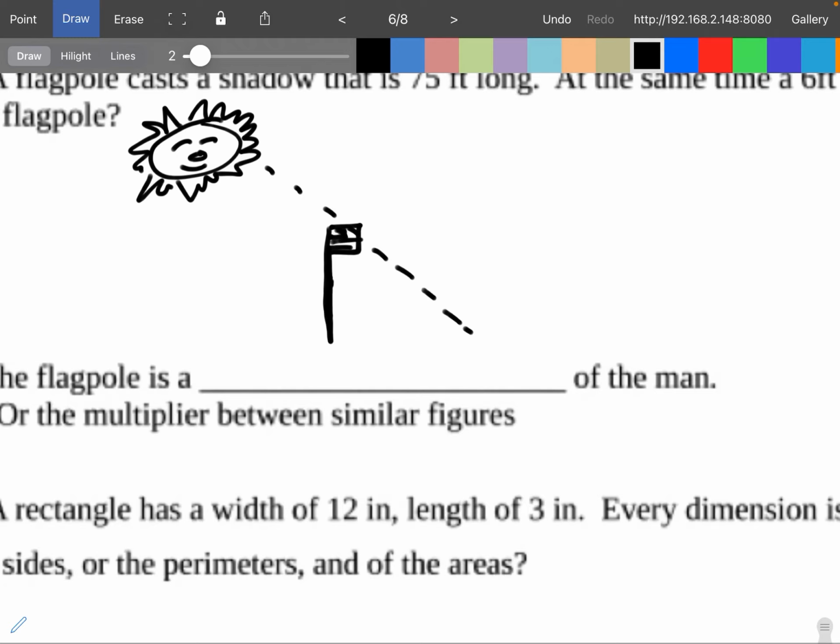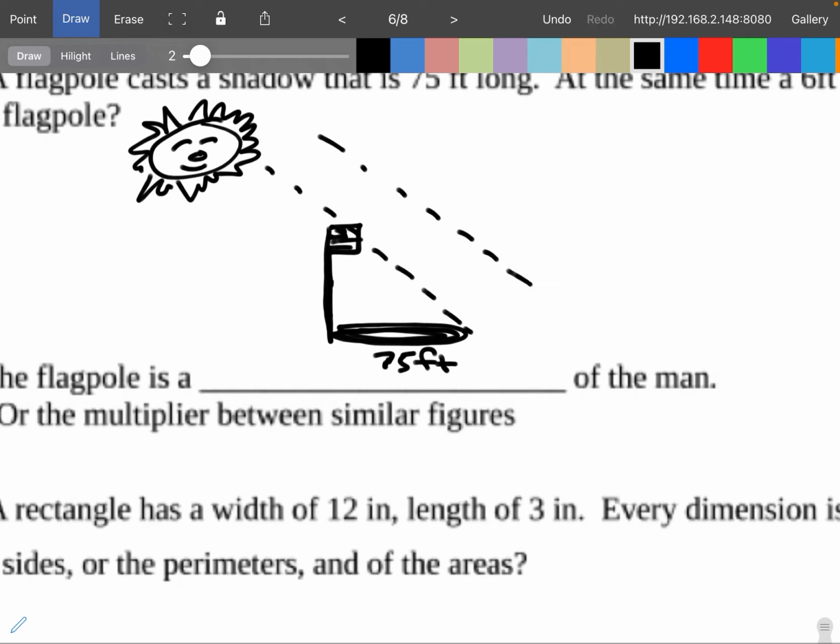And then where's the shadow then? When you stand outside, where's your shadow? It's on the ground. So your shadow's down here, right? So that's your shadow down there. And so then that is 75 feet, okay? But at the same time, there's a parallel sun ray coming down over here.